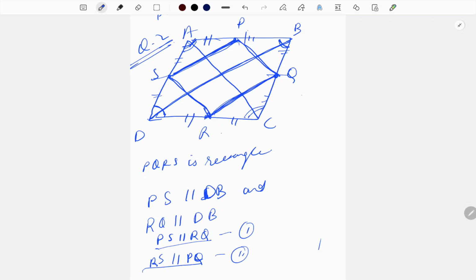Now we have proven that this is a parallelogram, right? We have to prove that it is a rectangle also. So any one of the internal angles of this we need to prove as 90 degrees.